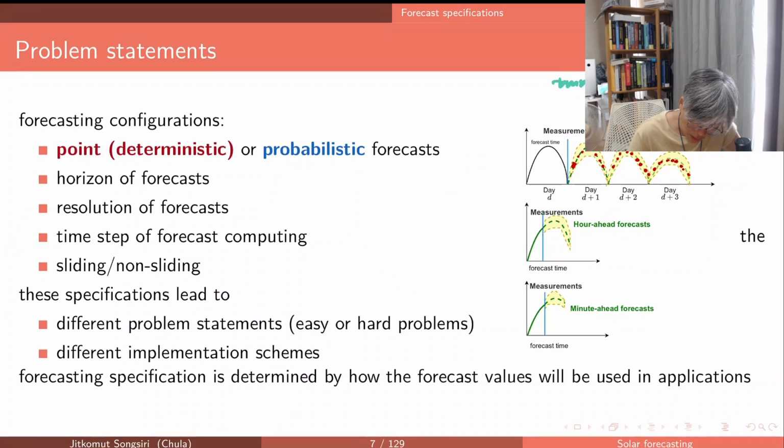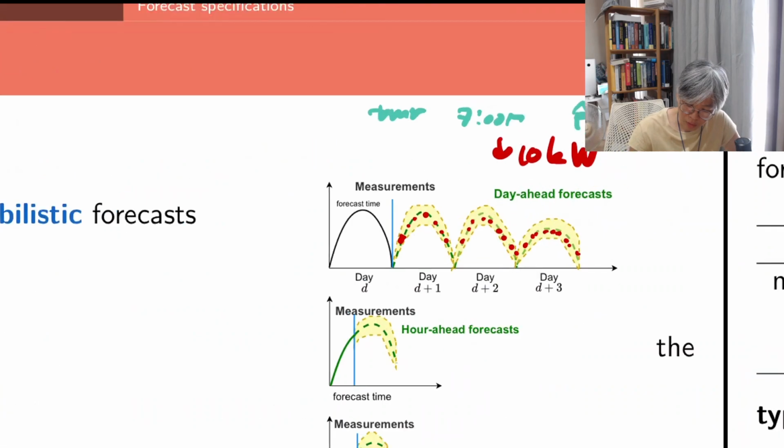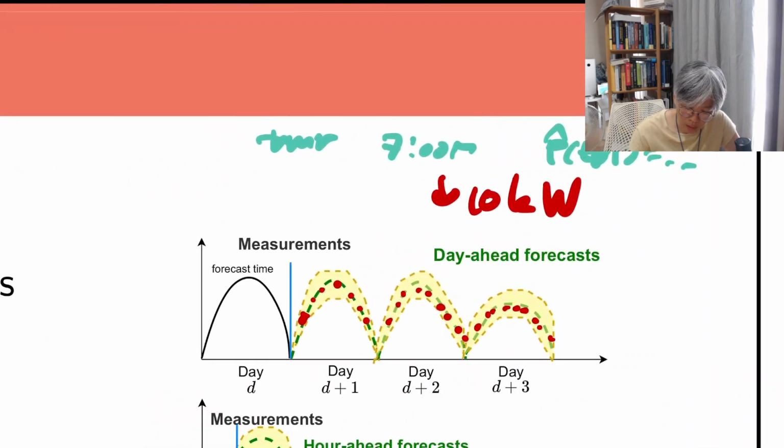Probabilistic forecasts, on the other hand, give you additional information beyond the point forecast. Instead of telling you only that tomorrow is going to be 10 kilowatts, it gives you a sense of how this value is going to vary, or how much variation there is around this point value.